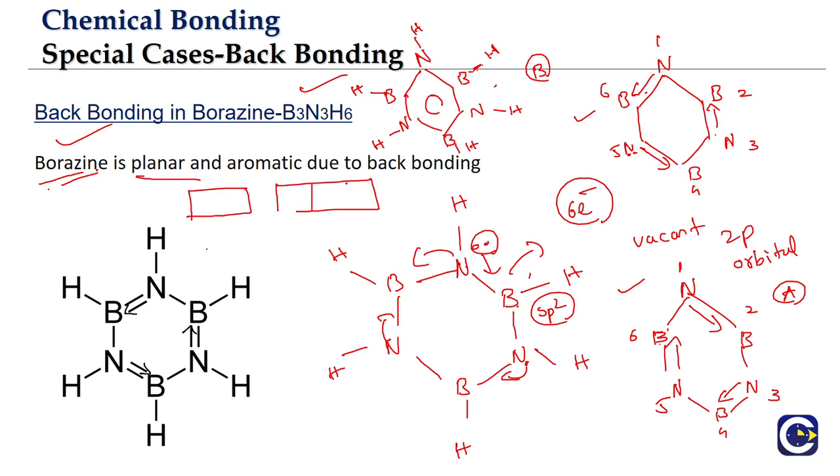What is the electron arrangement of nitrogen? It is 2s2 2p3.